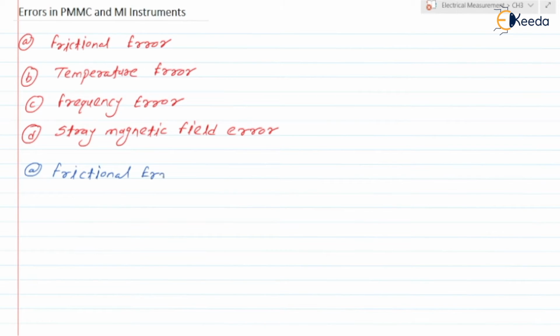Why does the frictional error occur? Frictional error occurs due to the moving parts in the instrument. So this error first of all occurs due to moving parts. How can this error be reduced?